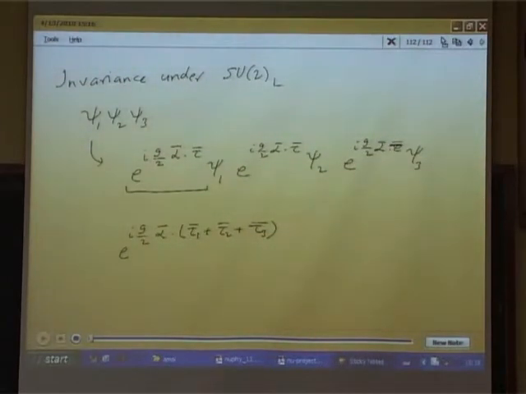So let me call these alpha, beta, gamma. So τα plus τβ plus τγ. These three parts, again ψα, ψβ, ψγ. So what we want is that the sum of these three should be equal to 0.